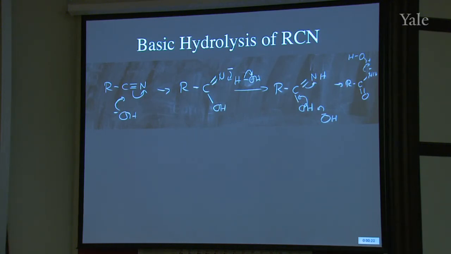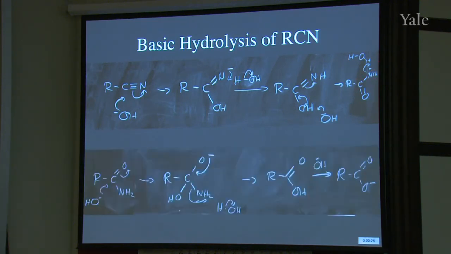We're to the imide, right, once we put the last proton on. And now we can go from the imide, attack it, and then lose the NH2, probably when it's in a protonated form. And we have the carboxylic acid and drive it all the way to completion in base, as in the case of saponification, by making the anion, the stable carboxylate anion.